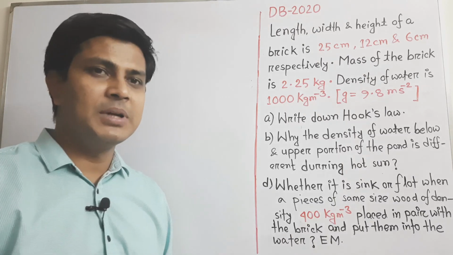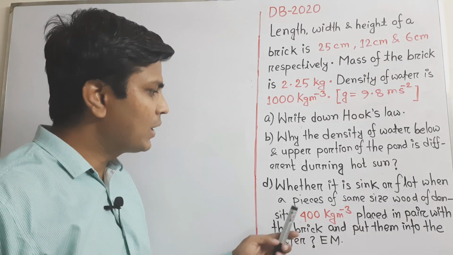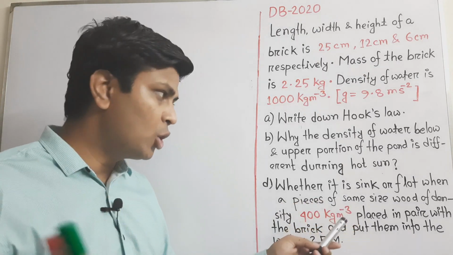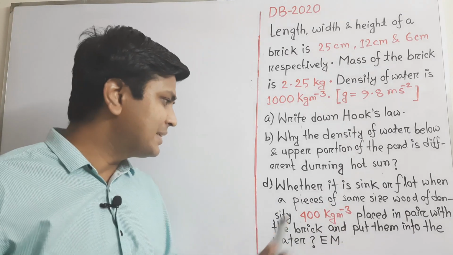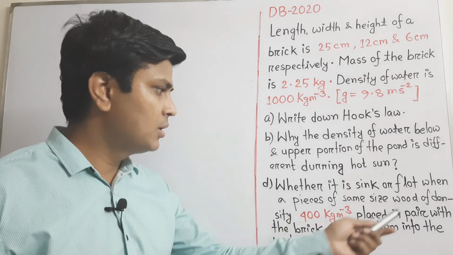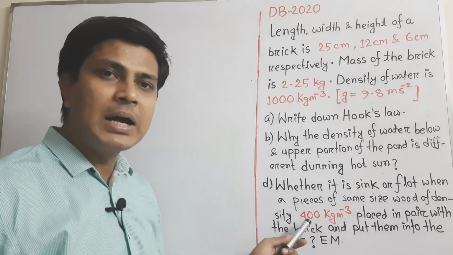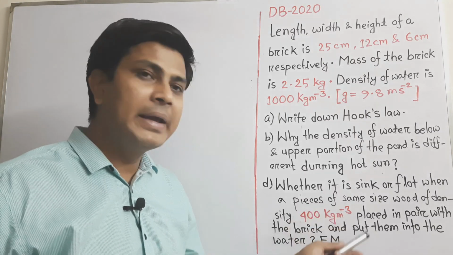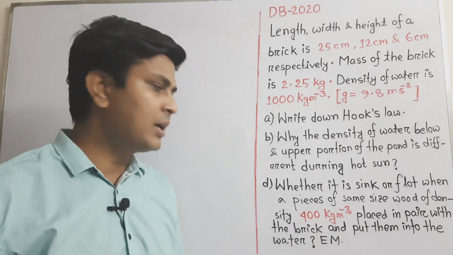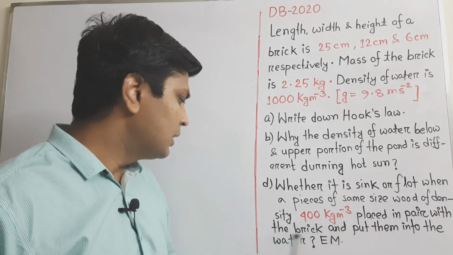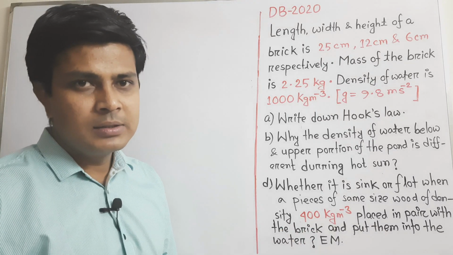Let's see the question number D. The question says whether it will sink or float when pieces of same size wood of density 400 kg per meter cube are placed in pair with the brick, then put them into the water.